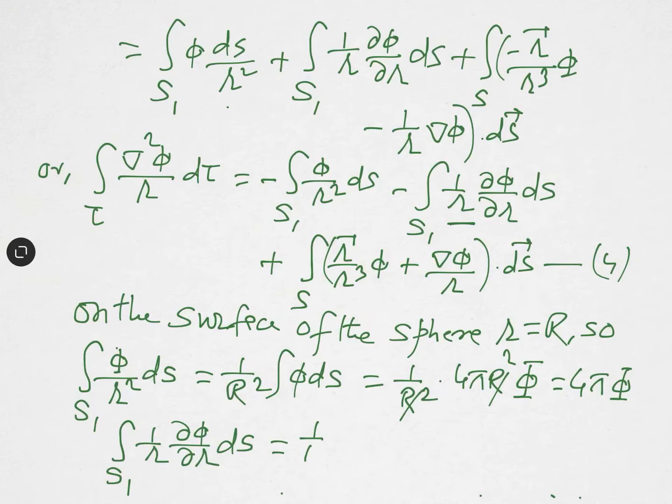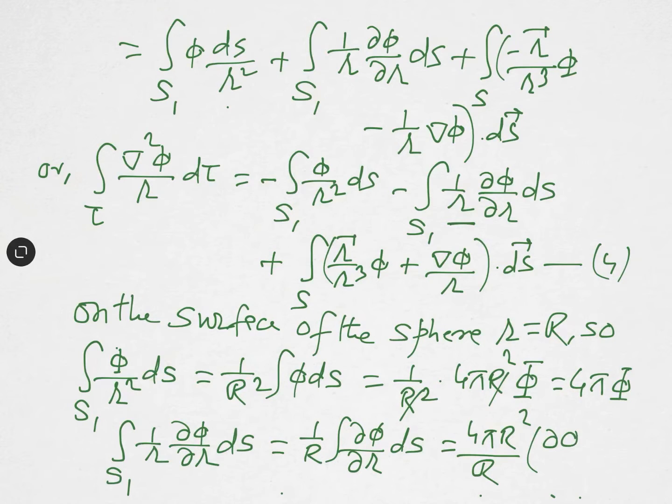And this will be what? This will be 1 over capital R integral del phi by del r ds. And this will be again integral of ds will be 4 pi r square over r times del capital phi by del r.